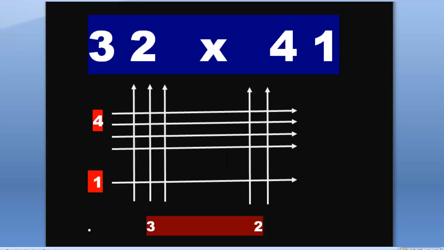So let us take another example. 32 multiplied by 41. For 32 I have 3 and another 2 vertical lines, and for 41 a 4 and another 1 horizontal lines forming junctions or intersections.